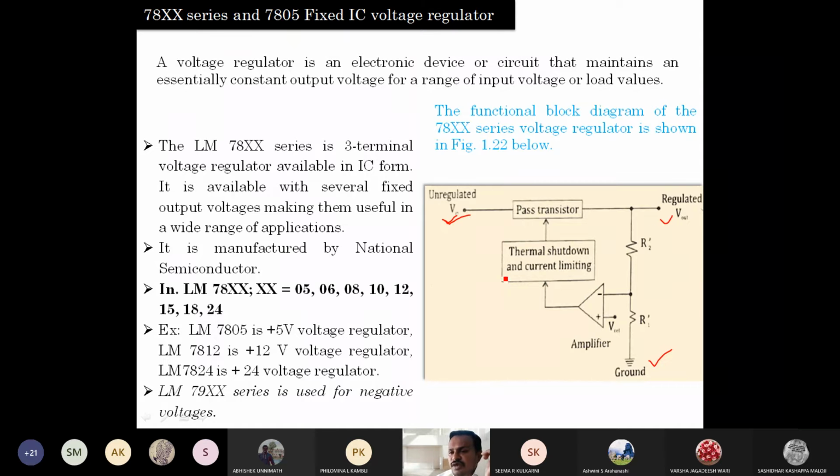The output from this device is a constant, fixed output voltage Vout. How is it achieved? Here it includes three blocks: one is the pass transistor, another is the thermal shutdown and current limiting circuit, and we also have an amplifier.